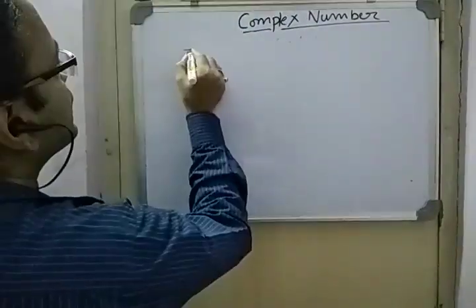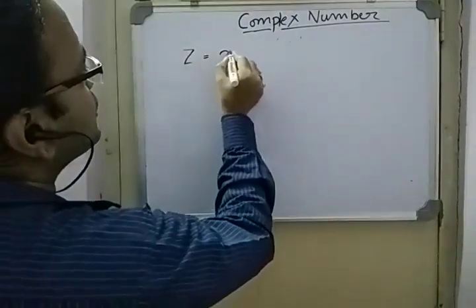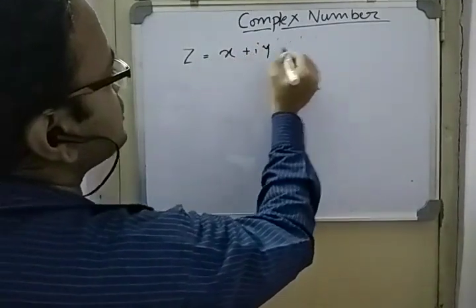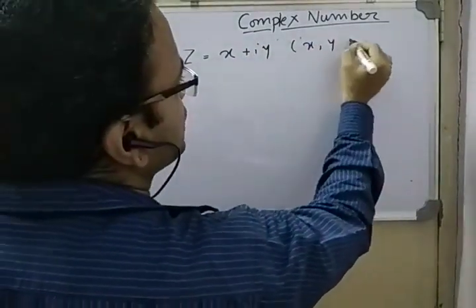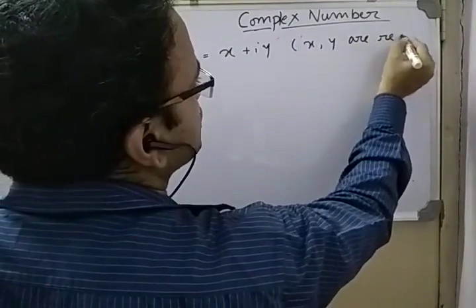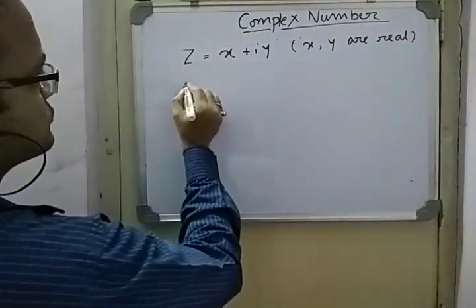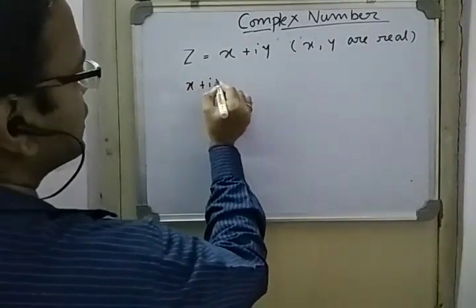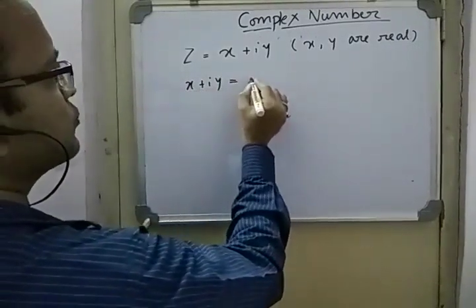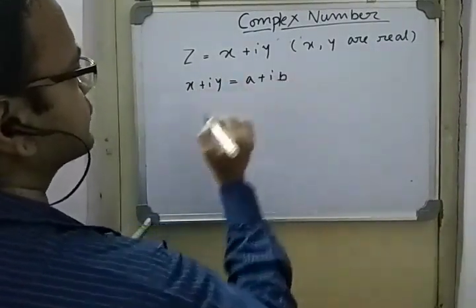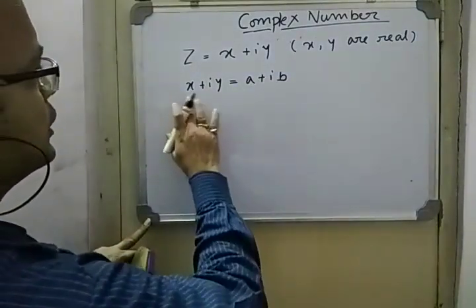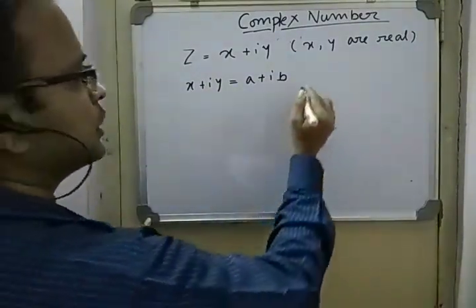Okay. Any complex number can be represented as x plus iy, where x and y are real. We have seen this in the earlier class. Suppose you have an equality like x plus iy equal to a plus ib.